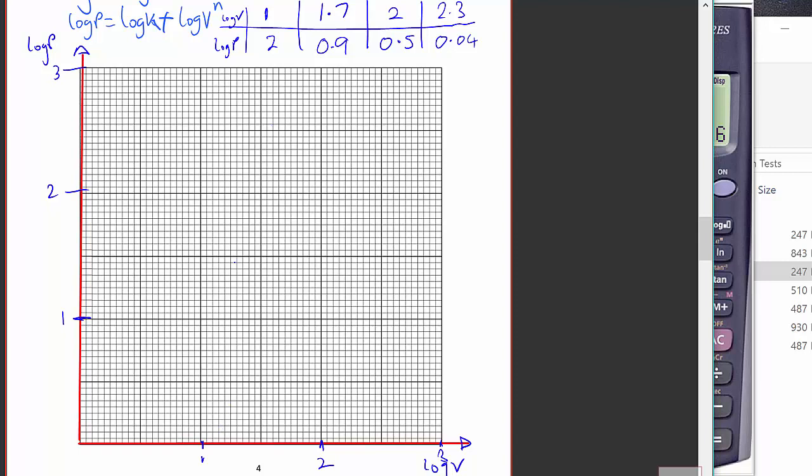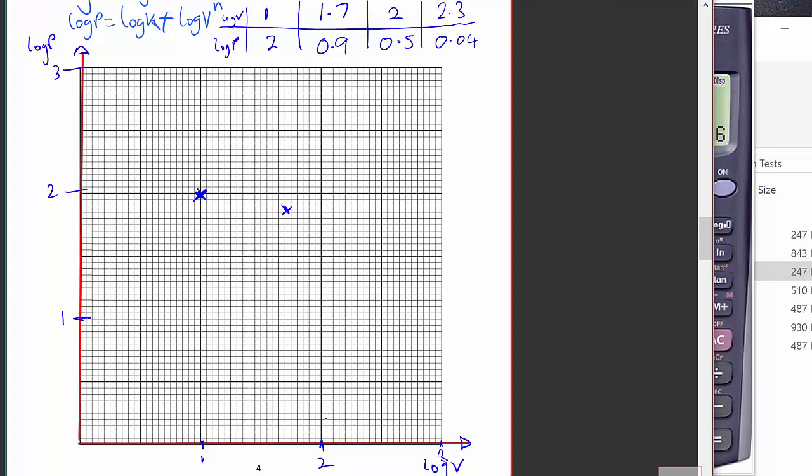So 1, 2 is a point. 1.7, 0.9. So 1.7 is around here, and 1.9 would be around there.